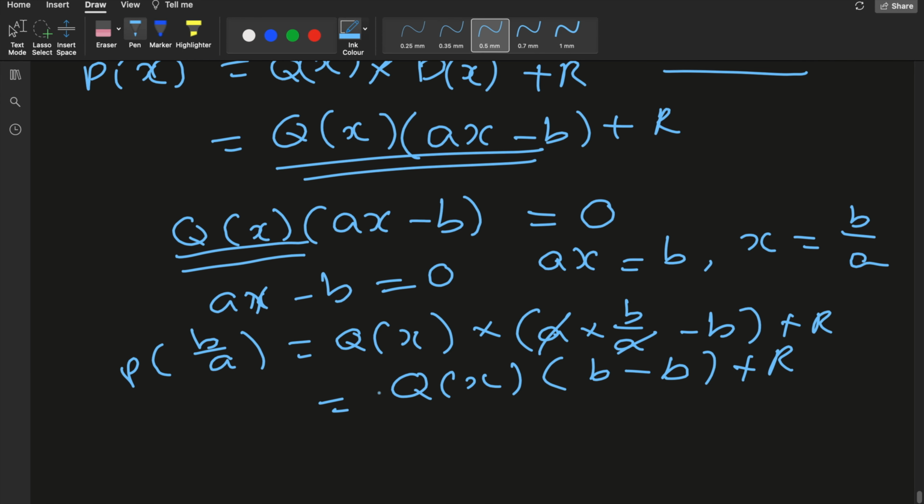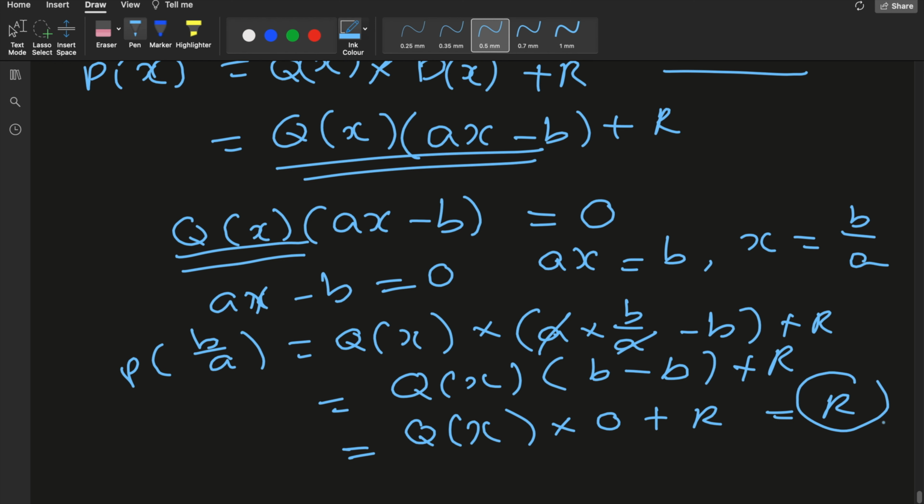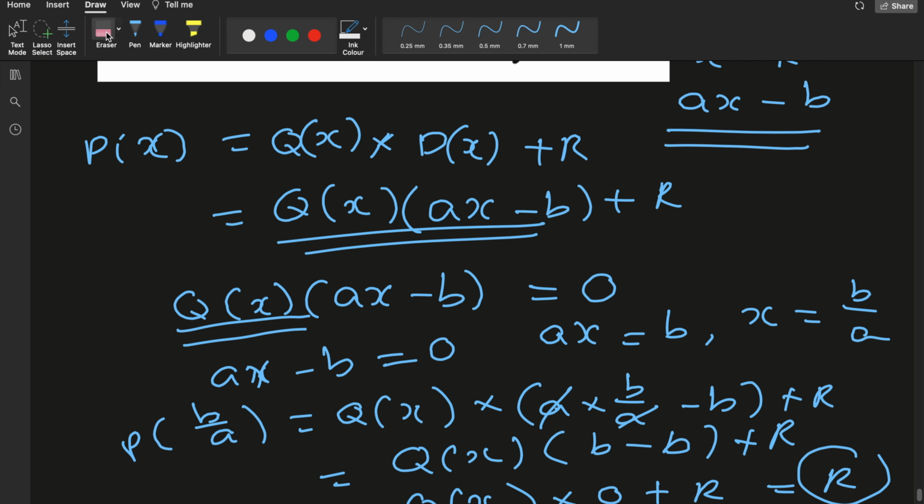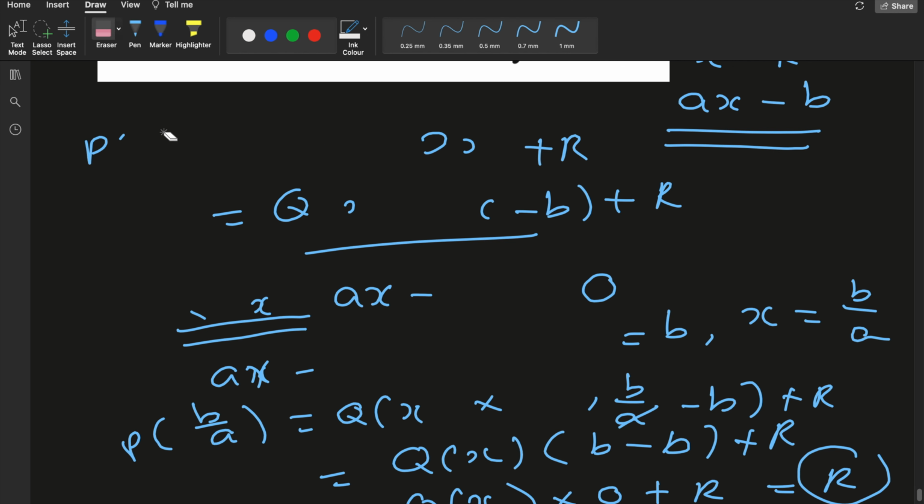So we get Q of x into 0 plus r, which is r. So we do get the remainder. So when it's in the form of ax minus b, you have to use the formula P of b by a. So yeah, now let's solve this question.